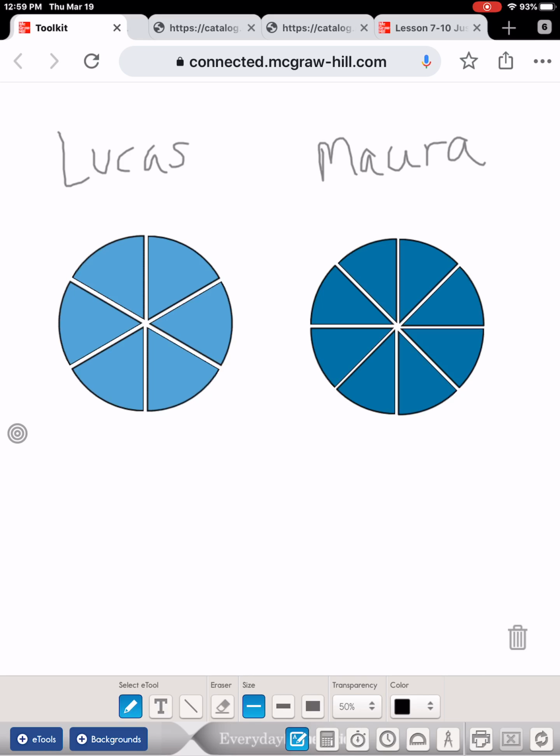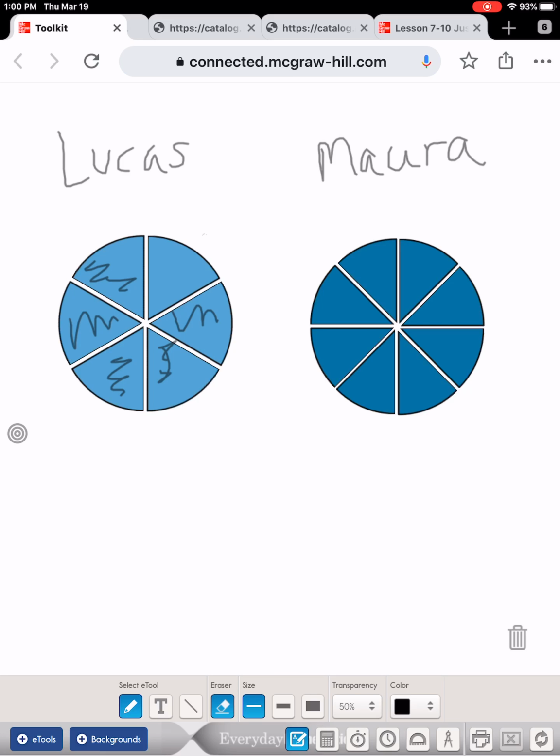When we say that Lucas ate 5/6, he ate 1, 2, 3, 4, 5. And this piece right here is left over. This piece is left over.